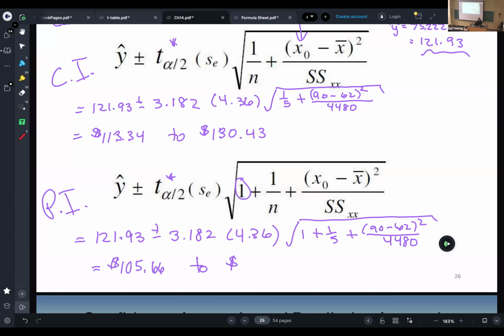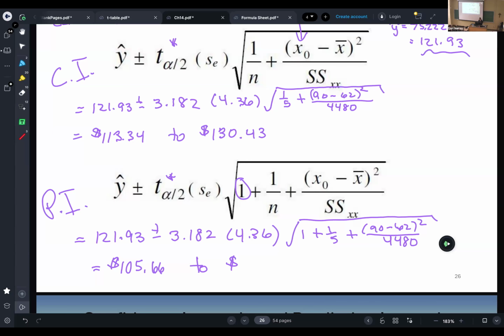121.93. This time we're going to add 3.182 times 4.36 times the square root of 1 plus 1 divided by 5. Lots of brackets in there will help. And I get an upper value of 145. Does anyone get lower? Yeah, you get about the same. Okay, I think that's too high.